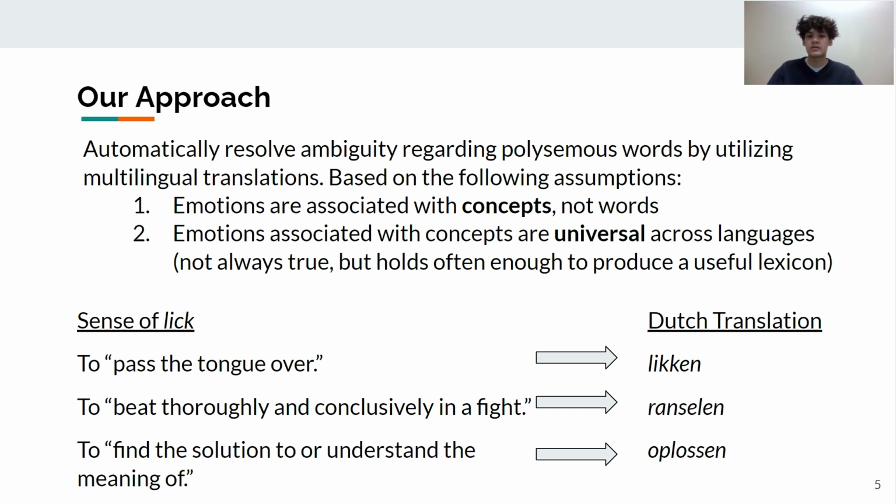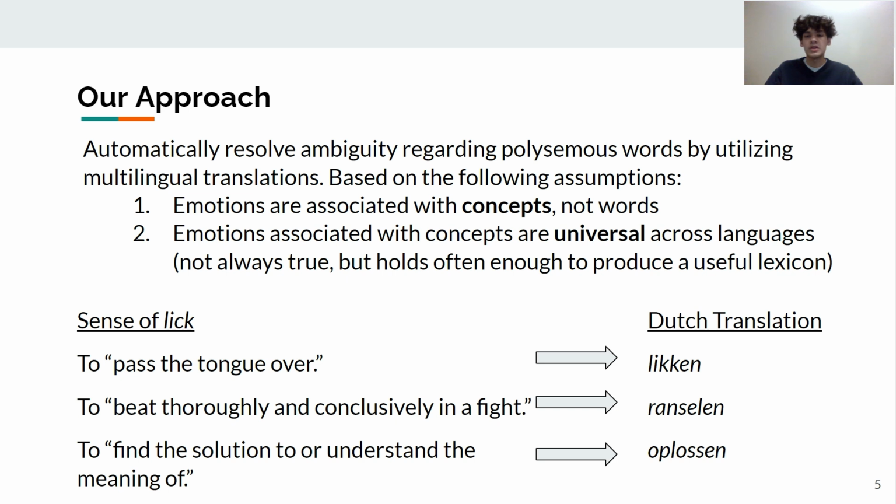useful lexicon using it. So below, we have an example that highlights how we can leverage multilinguality to resolve the ambiguity regarding the three senses that we were looking at before. All three of these senses are associated with a single English word, lick. But if we pass them into a translator, we can find that they're associated with three distinct Dutch words: likken, ranselen, and oplossen.